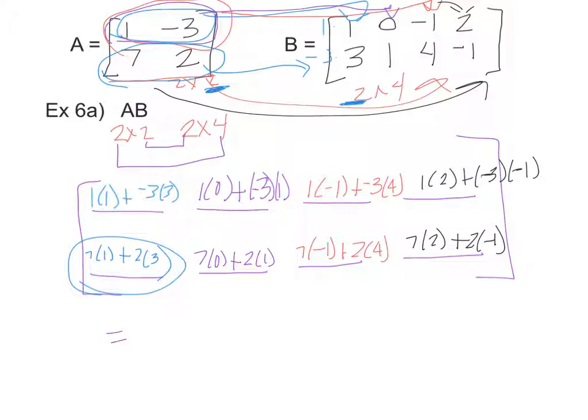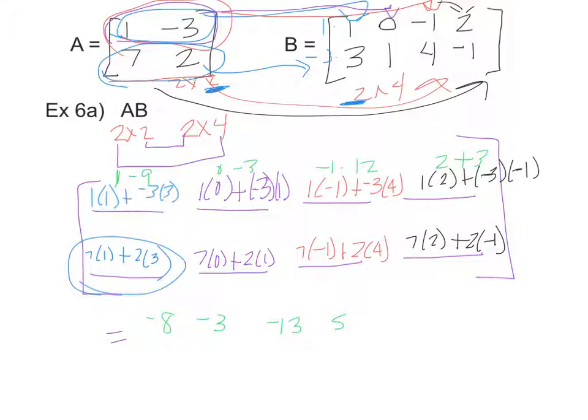Let's try green. So I've got 1 minus 9 up there. So this will be a negative 8. 0 minus 3 is a negative 3. Negative 1 minus 12 is a negative 13. And 2 plus 3 is 5.